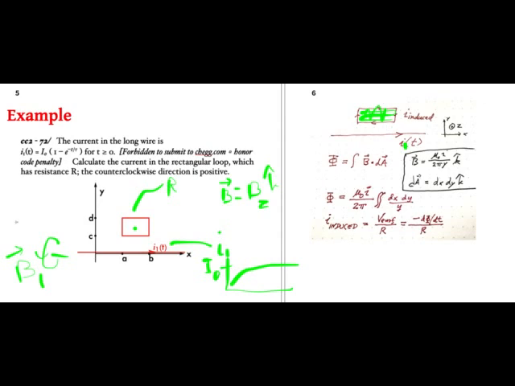So if I'm talking at a point here, if I'm considering a little point here, the perpendicular distance from the wire will be y, because this is the y direction. So this little point has a position y.